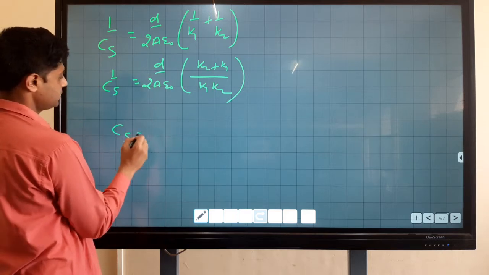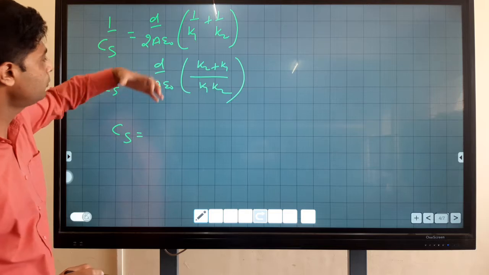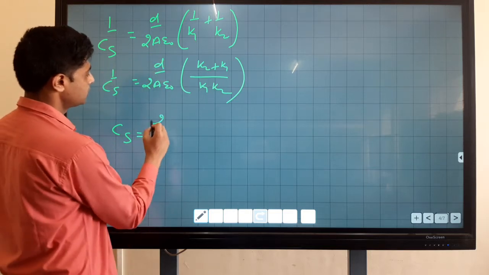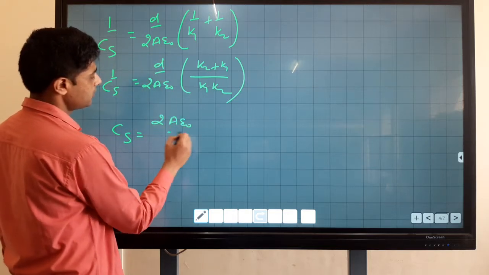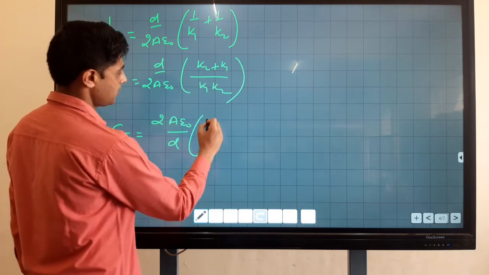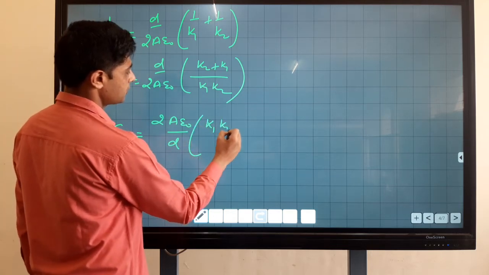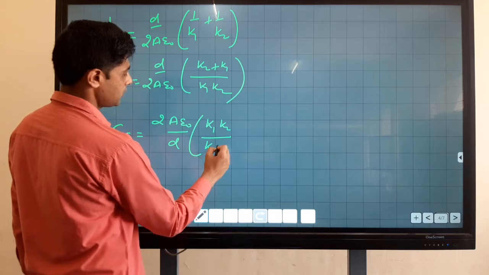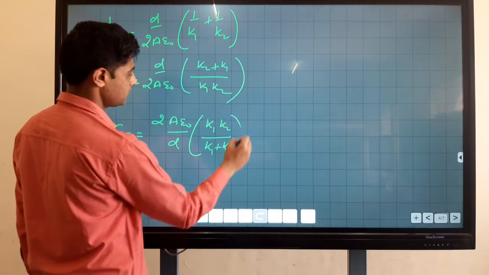So CS, the reciprocal, equals 2A epsilon naught upon D times K1 K2 upon K1 plus K2.